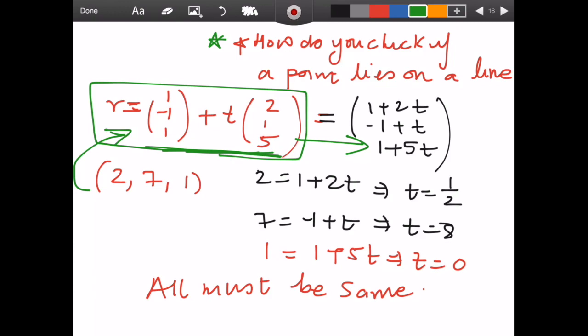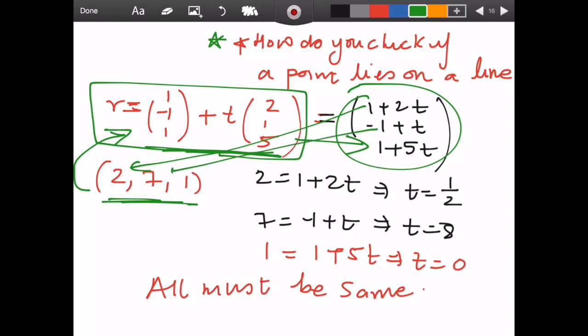Once you convert to parametric form, because this line contains the point, if it does, its x coordinate must be 2, y coordinate must be 7, and z coordinate must be 1. So I can solve for the parameter t for all three: x, y, z.